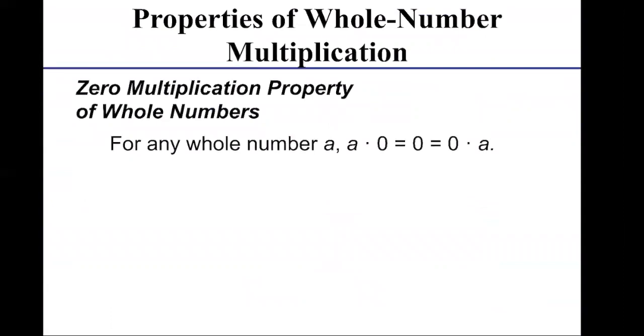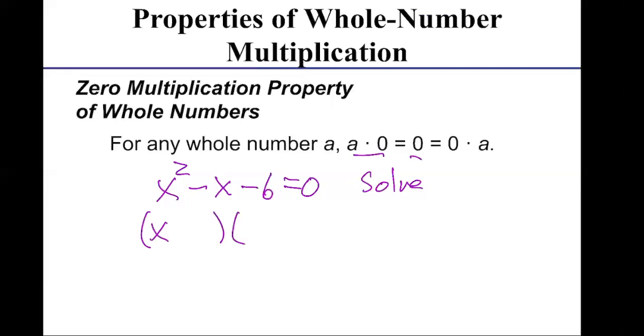Okay, it's kind of strange to have a whole property for this because you know anything times 0 is 0. Well, this comes up when you're doing algebra. And you were to solve this, well, what you learned at first was you learned to factor, and then you use this property.